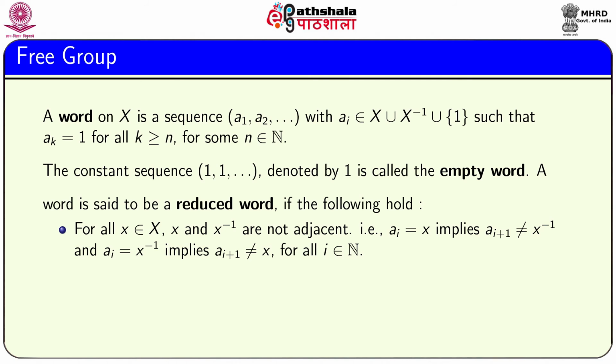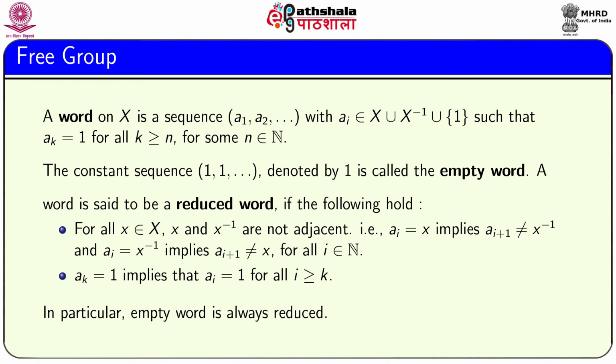That is, if ai is equal to x, then ai+1 is not equal to x inverse, and if ai is equal to x inverse, then ai+1 is not equal to x, for all i belonging to N. And ak is 1 implies that ai is 1 for all i greater than or equal to k.